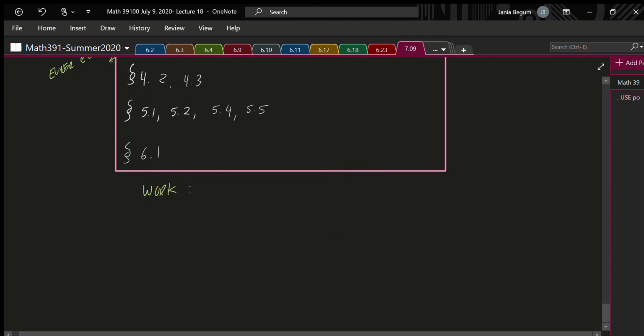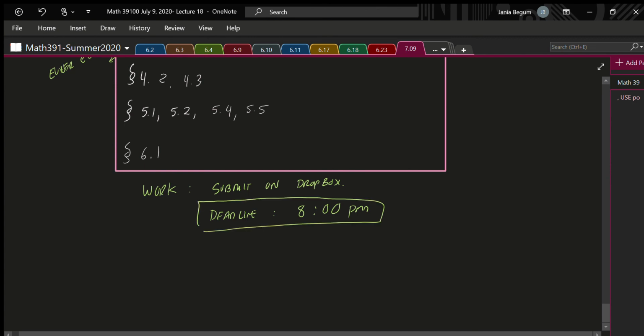The deadline to submit will be 8 p.m. So once you finish at 7:40, you start scanning and make sure it comes in before 8 p.m. After 8 p.m., I'll start deducting points for every minute you're late.